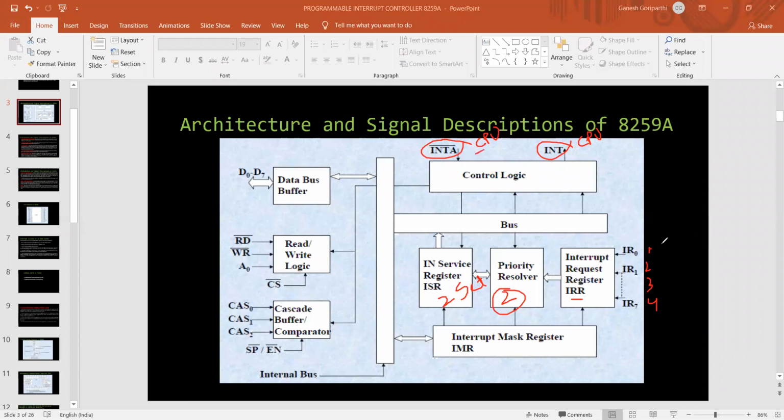Out of the four requests that you got, this second one is being served. That is the meaning of this. And after setting in the ISR, the interrupt service register, in the IRR, the interrupt request register, this is reset.